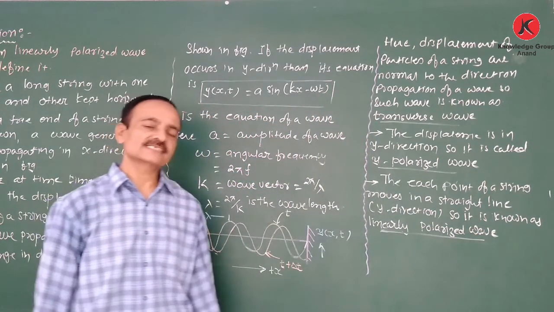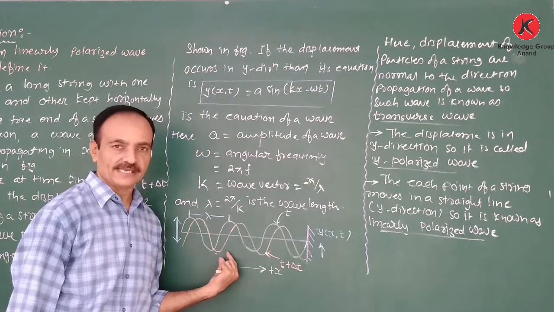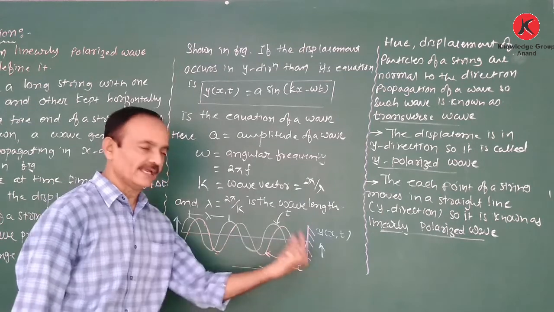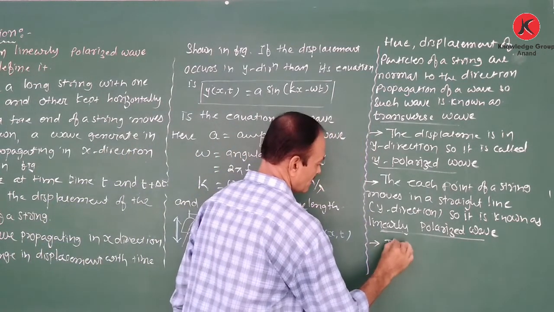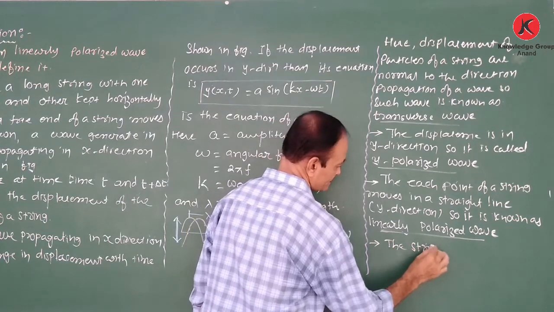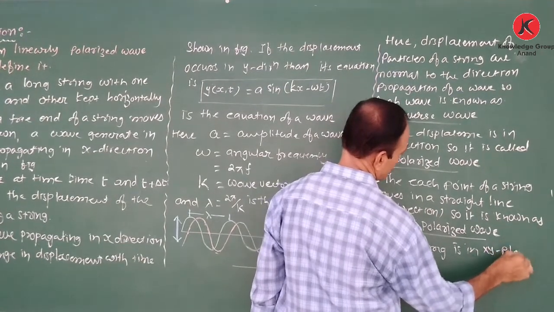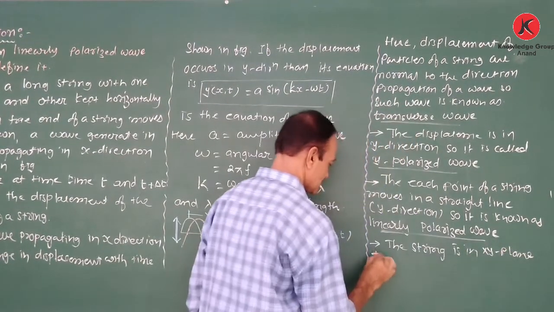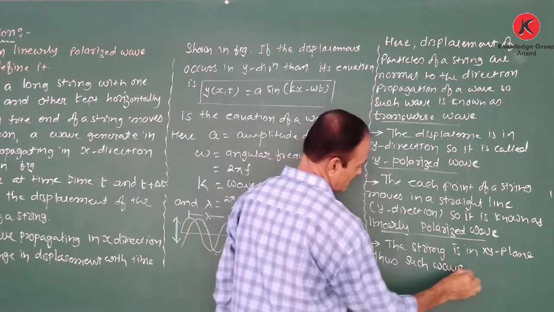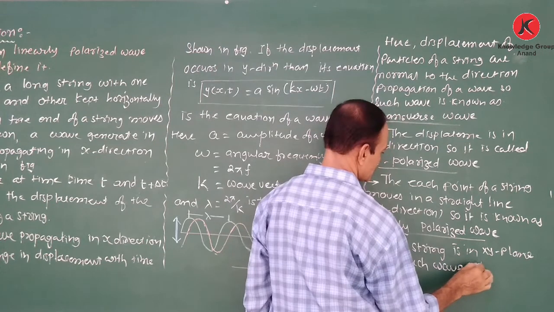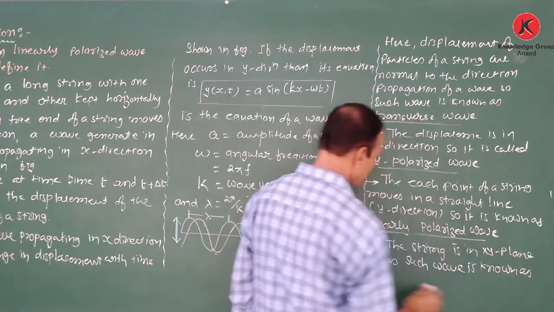And the last definition is the plane polarized wave. Here the string is kept in the xy plane. Since the string is in the xy plane, such a wave is known as a plane polarized wave.